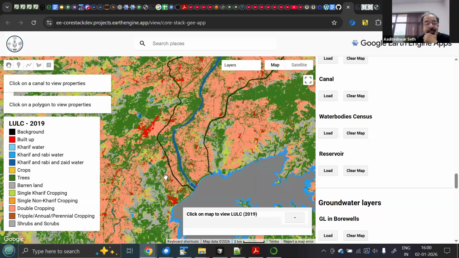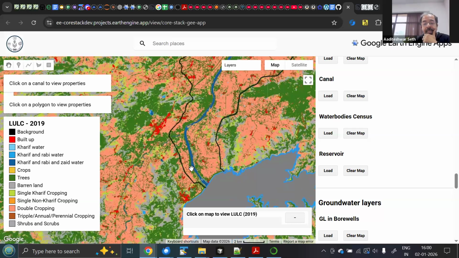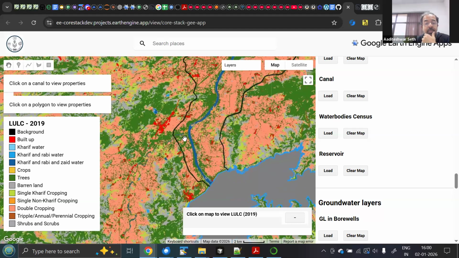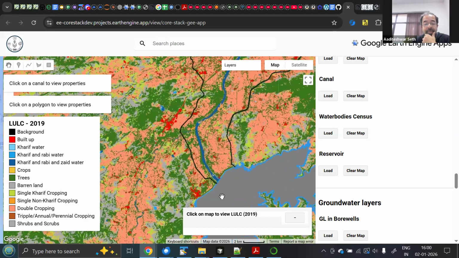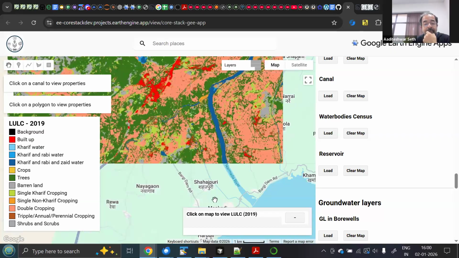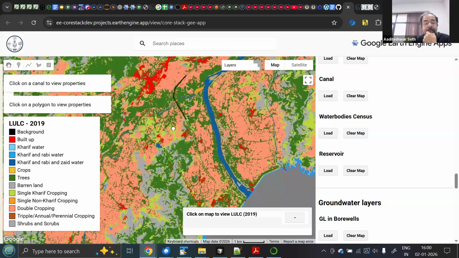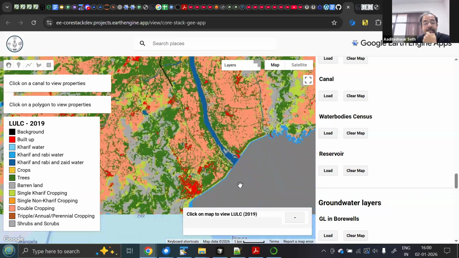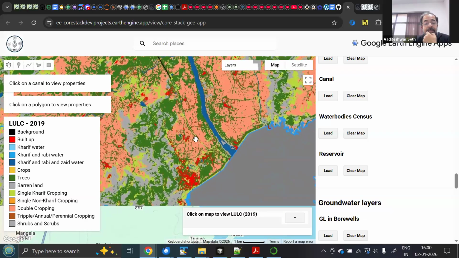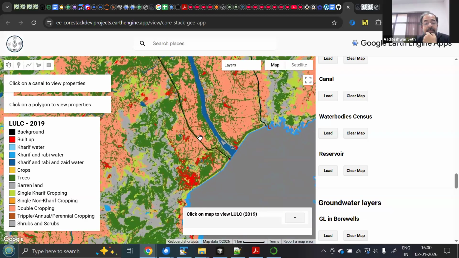Now something to check is if around these canal areas... So actually it's interesting, we are not seeing much of a difference. But potentially the idea to now check is that around these canal areas, in some buffer around the canal areas, is the cropping intensity higher than areas which are away from the canals?